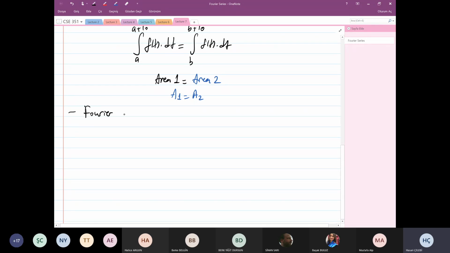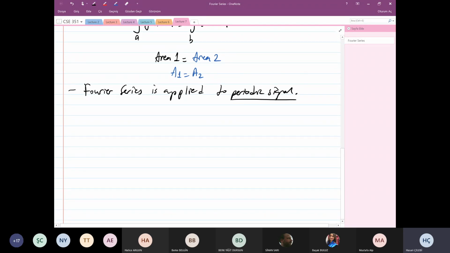So the Fourier series can be applied to periodic signals. The signal must be periodic in order to apply this Fourier series that we're going to learn. Okay, now let's start with the Fourier series.